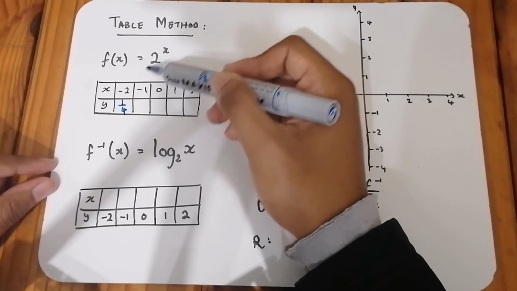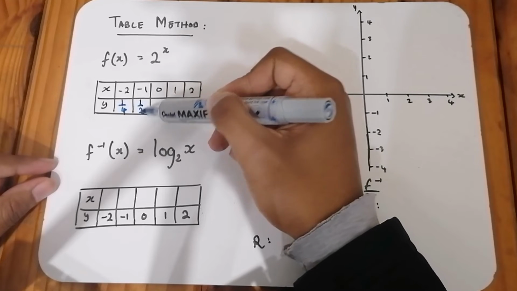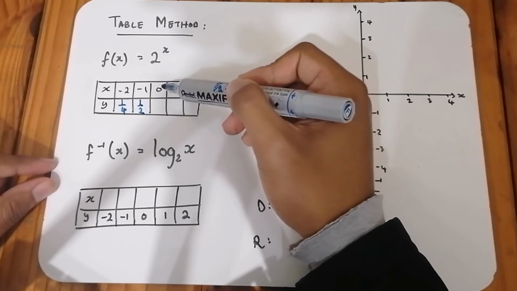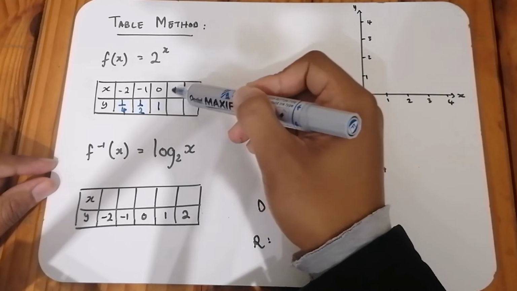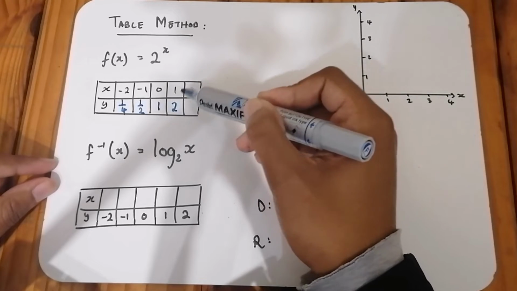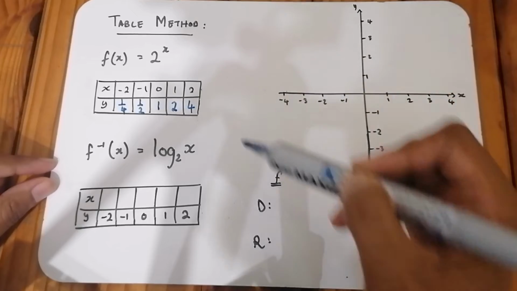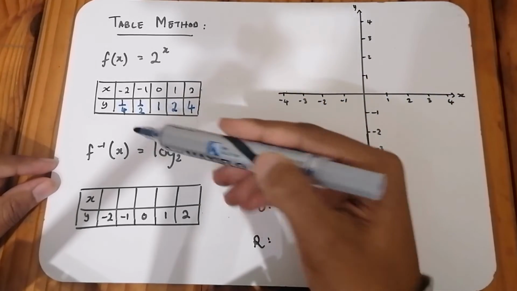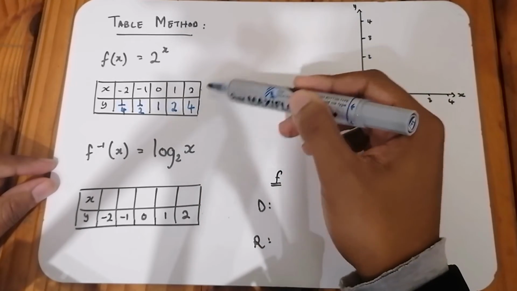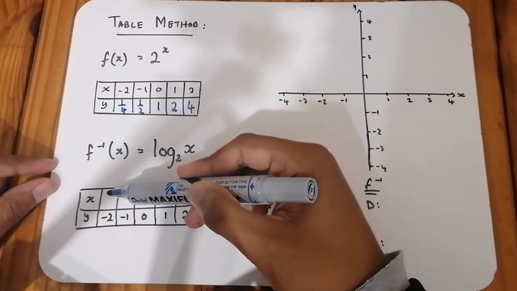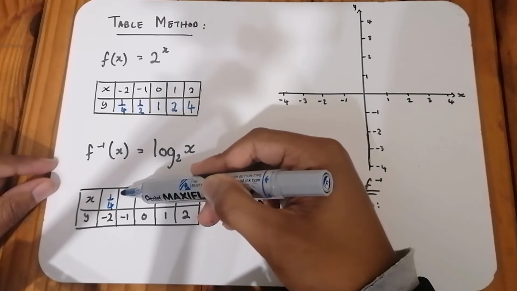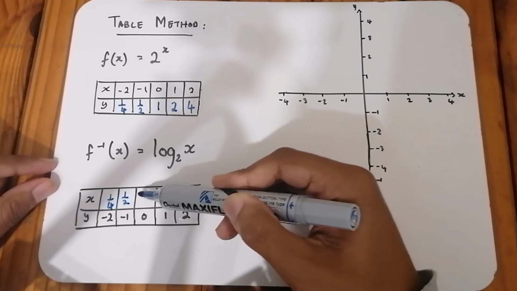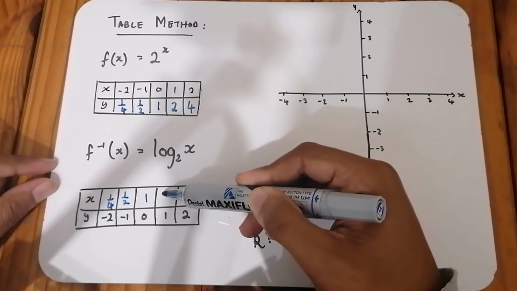And 2 to the power of negative 1 is a half. 2 to the power of 0 is 1. 2 to the power of 1 is 2. And 2 to the power of 2 is 4. Remember, the same values I'm substituting here, I'm just swapping the x's and the y's. Basically the same thing we did for the equation. We swapped x and y. So that means everything swaps.